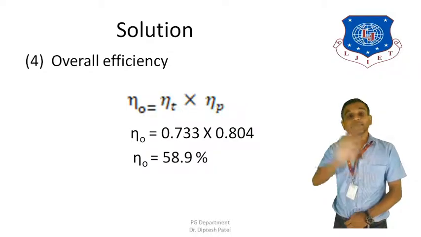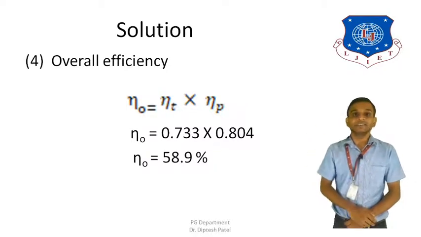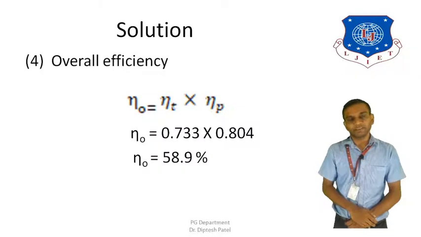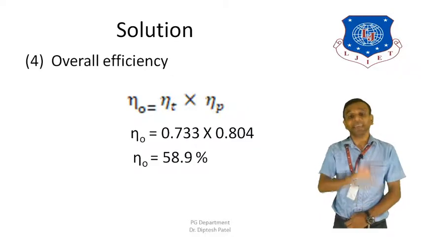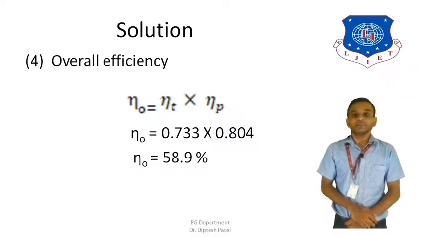So the overall efficiency of the aircraft is 58.9%, and that's supposed to be as high as possible to achieve optimization in the design of the rocket. Okay, so that is all. These are the 4 different findings that we need to perform for this particular example.